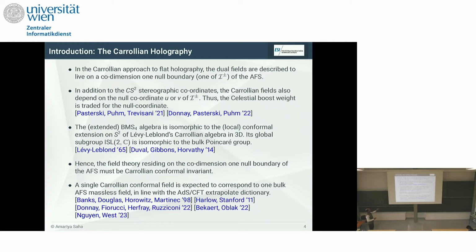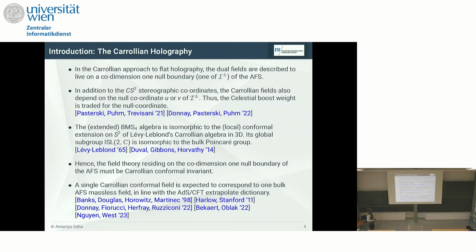And further, the starting point of Carrollian holography is the observation by Gibbons, Duval, Horvathy and others that the extended BMS4 algebra is isomorphic to the local conformal extension of Lévy-Leblond's Carrollian algebra in 3D. The global subgroup is ISL(2,C), that is of course isomorphic to the bulk Poincaré group.